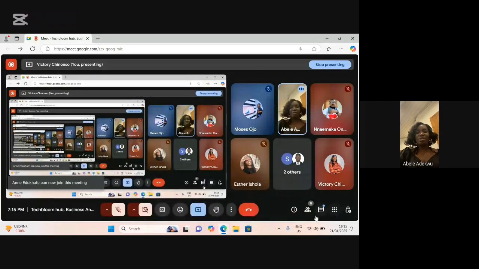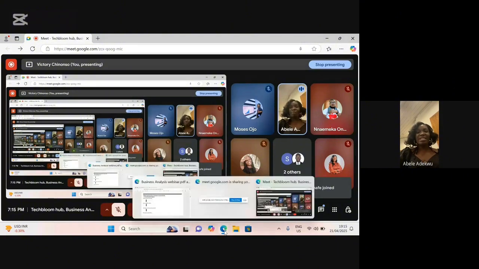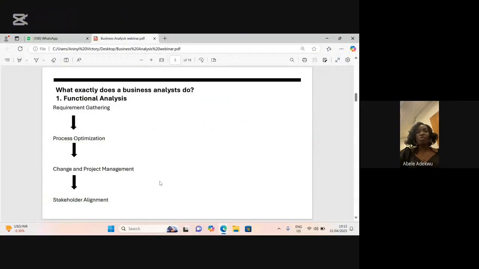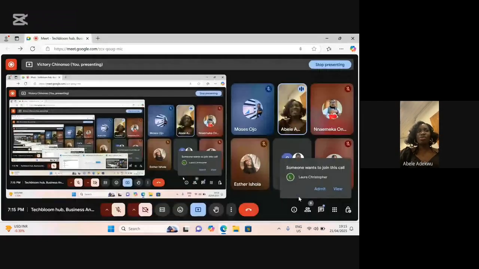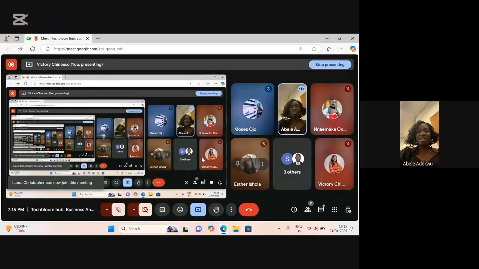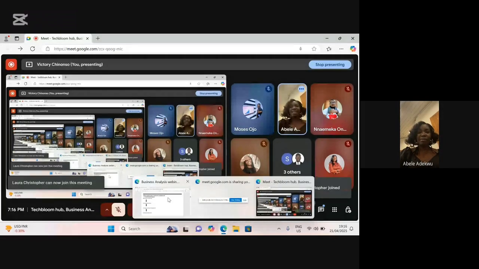You can do one-on-one surveys, you can do interviews, right? You can do questionnaires. All these methods help to draw out requirements to know what needs to be done, why it needs to be done, how it should be done, and the results expected to be achieved after these tasks are done. And after that, we move on to process optimization.